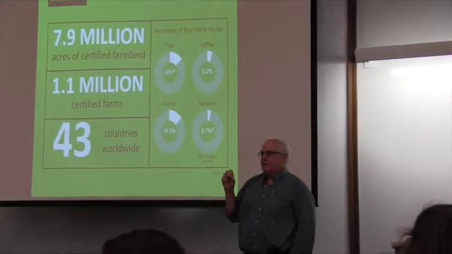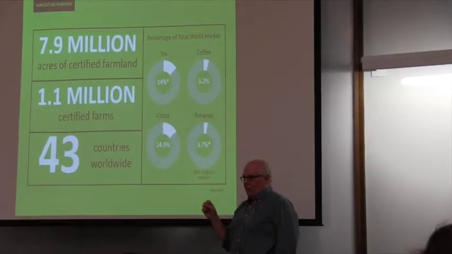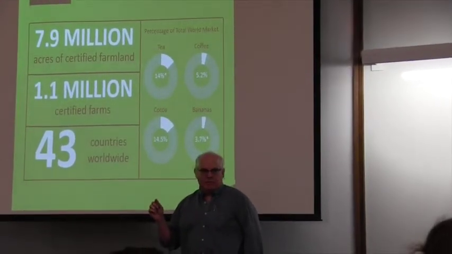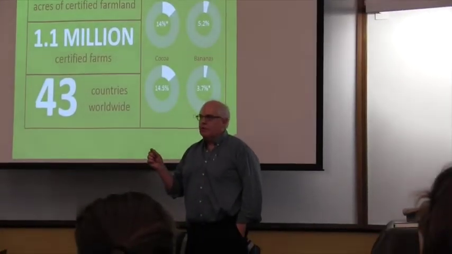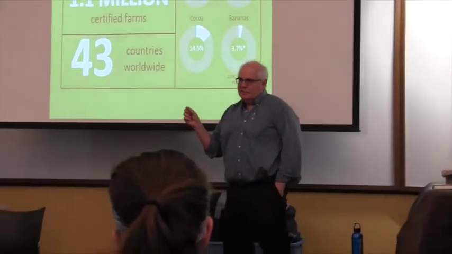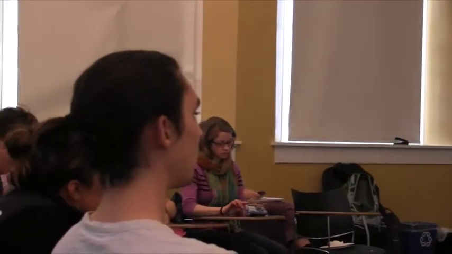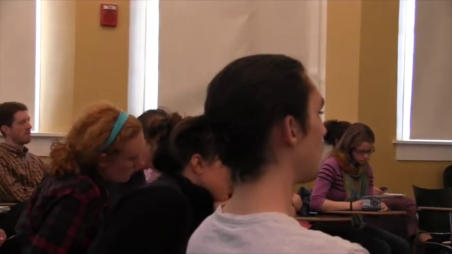Our hypothesis is if we can get to 20% of global market, we're at a tipping point. We're becoming mainstream. We're able to cause change at a broader level. Now that's a hypothesis. There are other people who say you've got to be up about 50%. We already think even at these percentages, we're changing those industries, but we really think we can have mainstream impact when we get beyond 20.